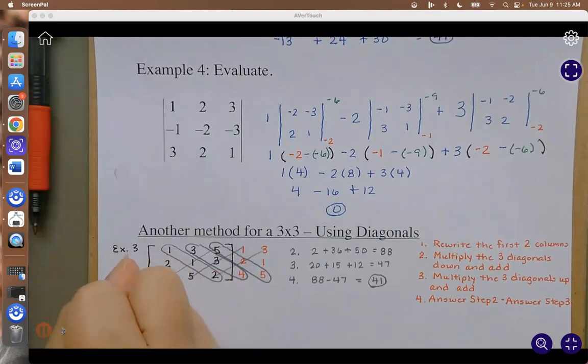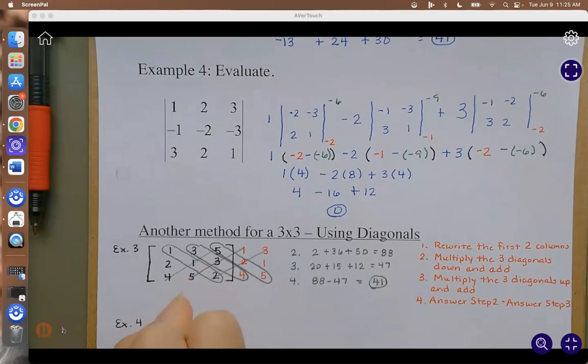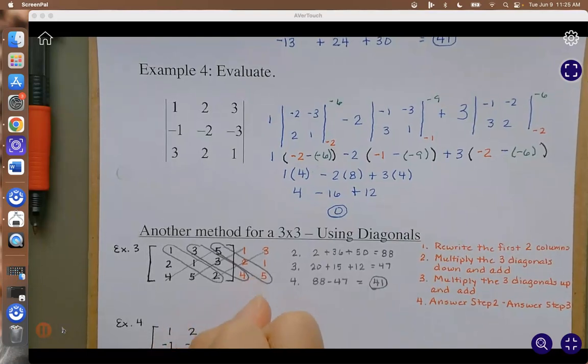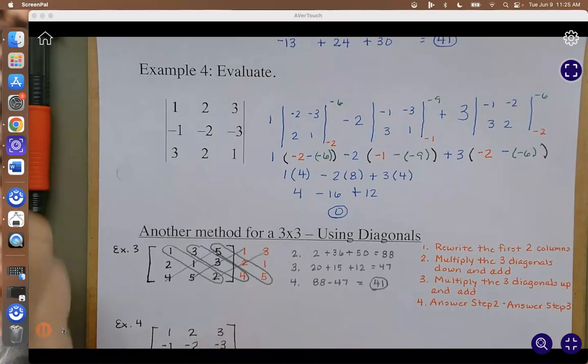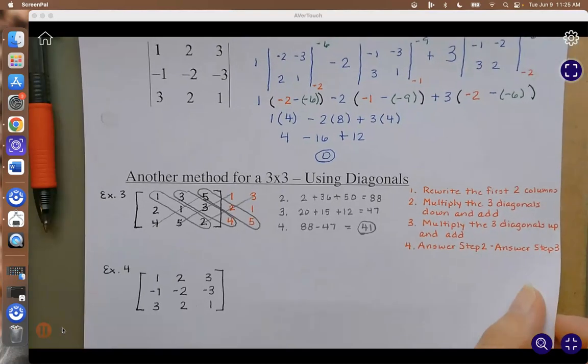Okay? So let's do one where we don't have to write all the steps, we just do the work. So let's do example 4 again. So we have 1, 2, 3, -1, -2, -3, then 3, 2, 1. Okay? So remember step 1.